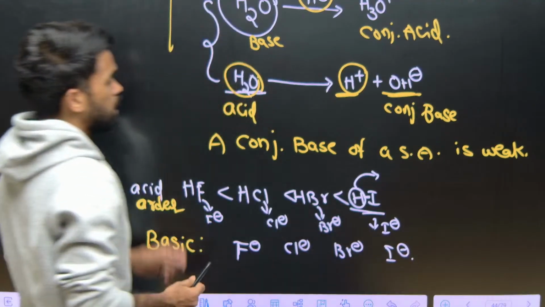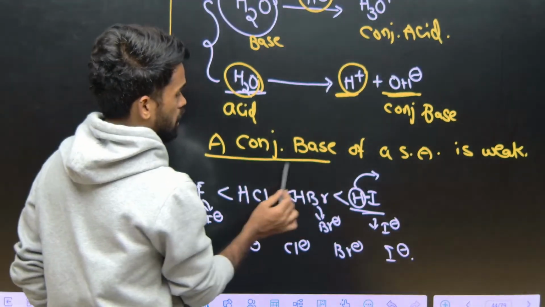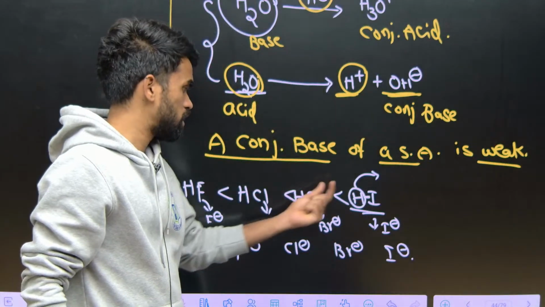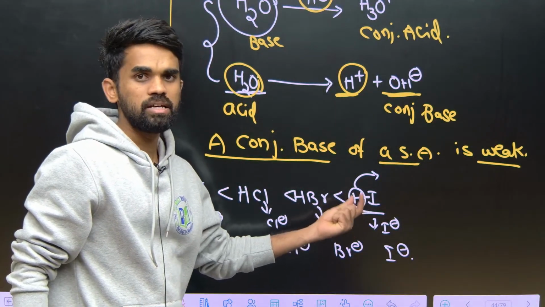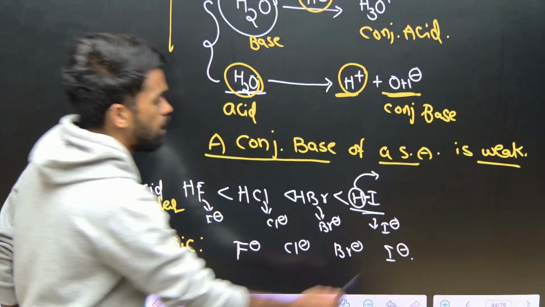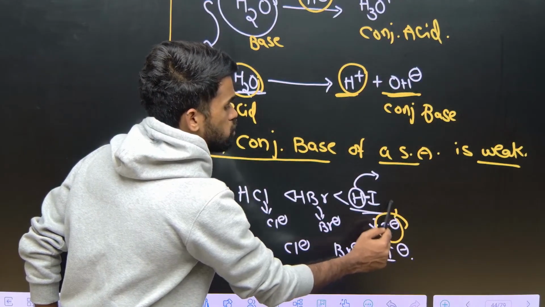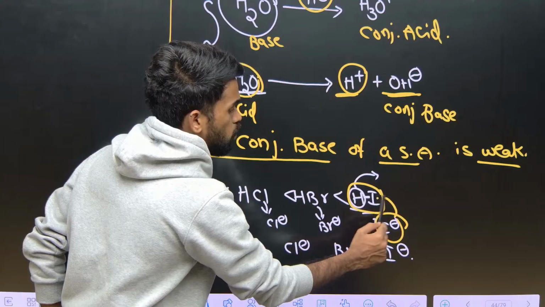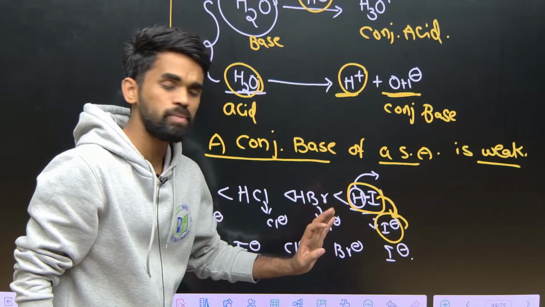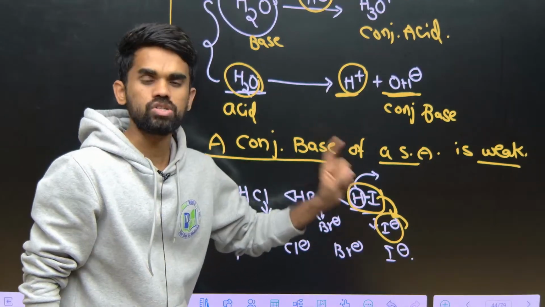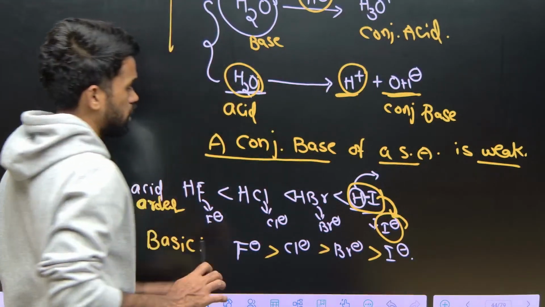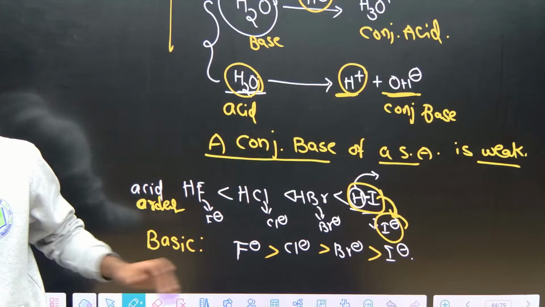What I told you is that the conjugate base of a strong acid will be weaker. So if this particular substance is a stronger acid, then its conjugate base will be weaker. So which is the weaker base here? Iodide ion, because HI is a stronger acid, and whatever negative part is formed from it, the conjugate base, will become weaker. If the acid is strong, its conjugate base will be weaker. Therefore the order will be in reverse manner. This will be the order of basic strength of the compounds.